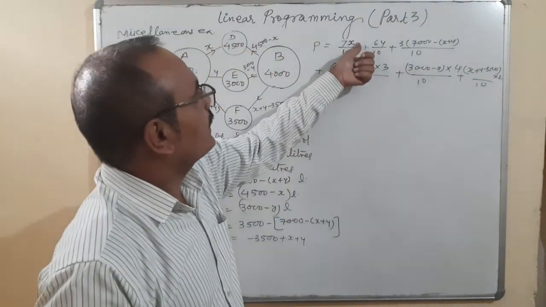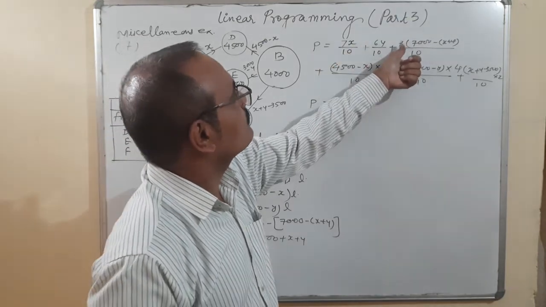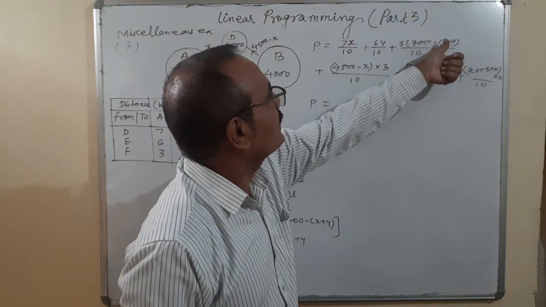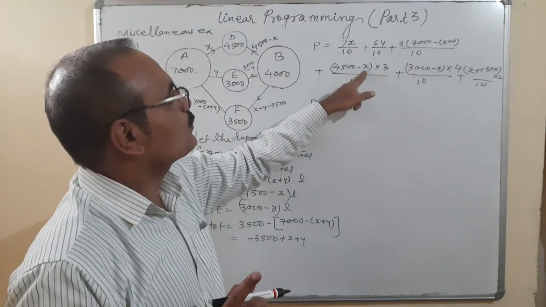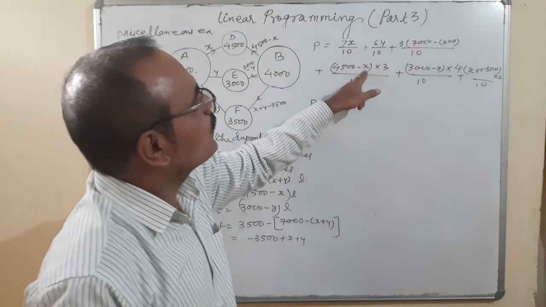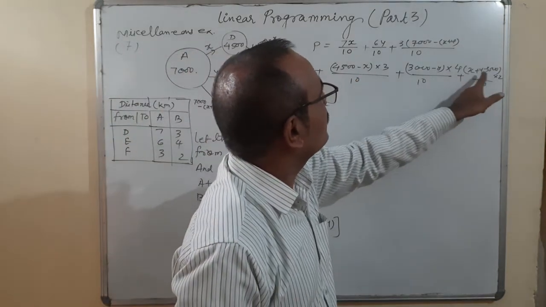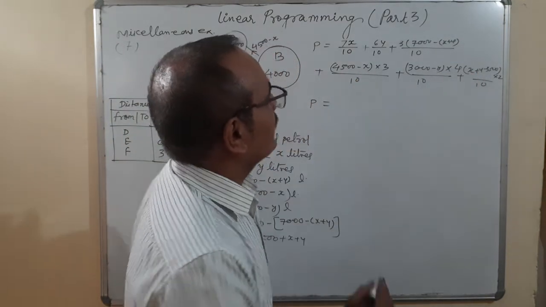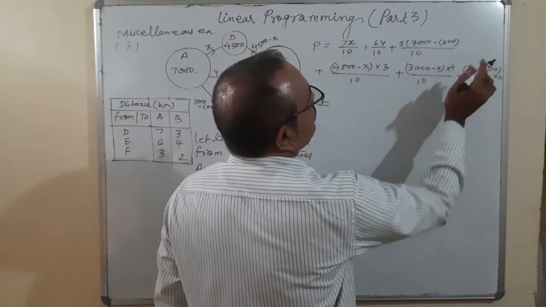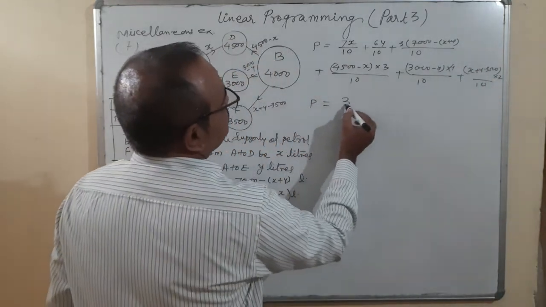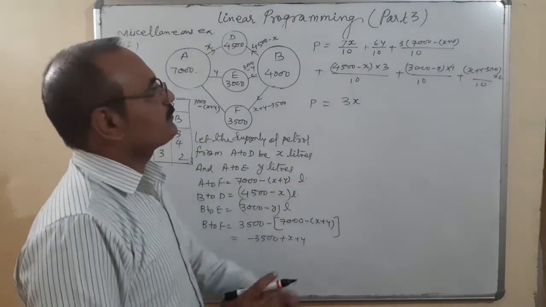It is 7x, 7x minus 3x is plus 4x. Plus 4x minus 3x is plus 1x, plus 1x and plus 2x, 3x. Okay. Now let us see the y terms.